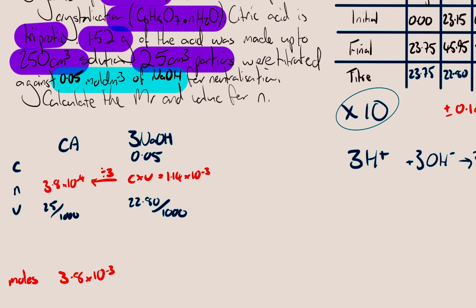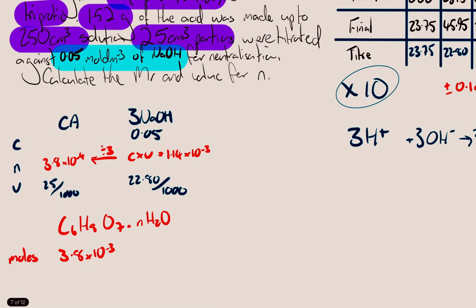So what we're talking about here then is our citric acid with water of crystallization. So I've got C6H8O7 dot NH2O. So my whole thing is I'm working out what this N is. So mass, Mr, mole is the triangle we need for this.